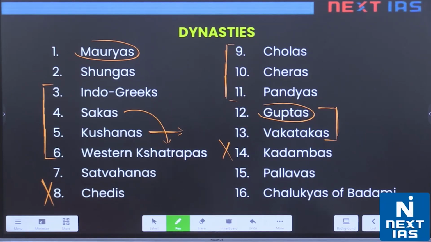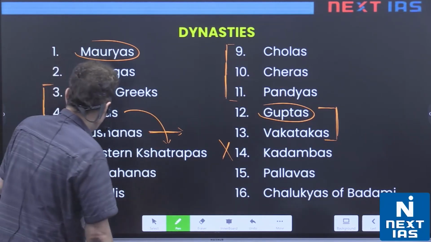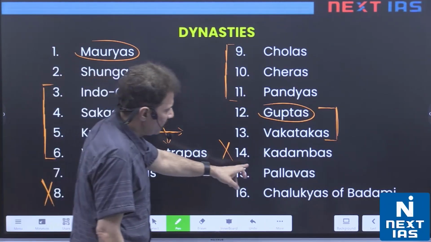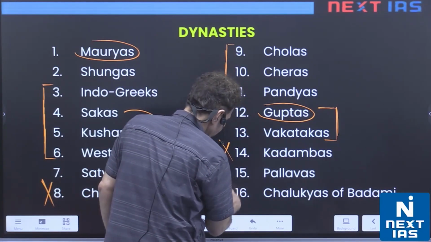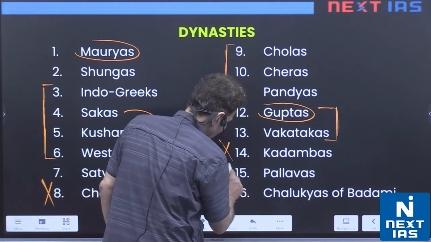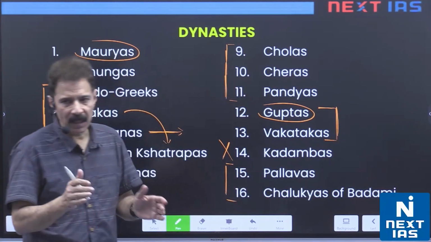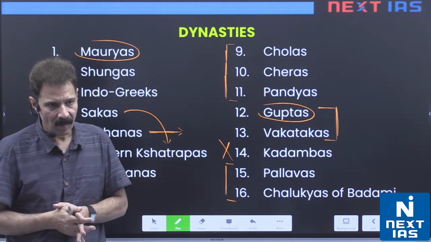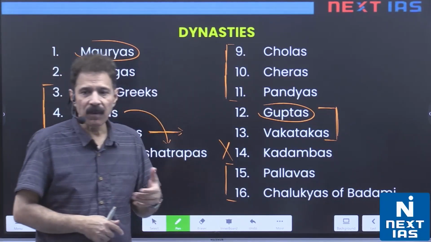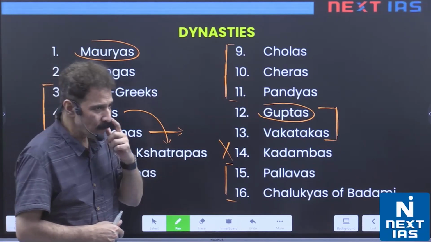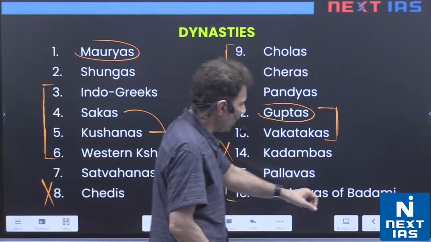And one more, I'll first try to explain. Pallavas and the Chalukyas of Badami were contemporary. In history there are many Chalukyas, so we identify them on the basis of their region or capital.